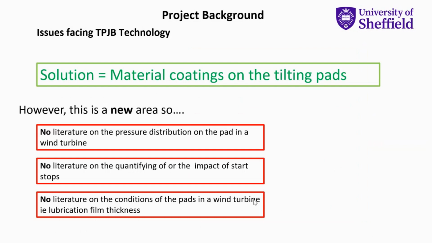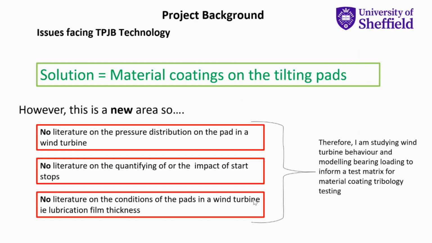So that, again, moving back to that boundary, mixed or hydrodynamic lubrication. So I'm studying the wind turbine behaviour and modelling the bearing loading to inform a test matrix for material coating testing. So filling in those blanks basically with my PhD.